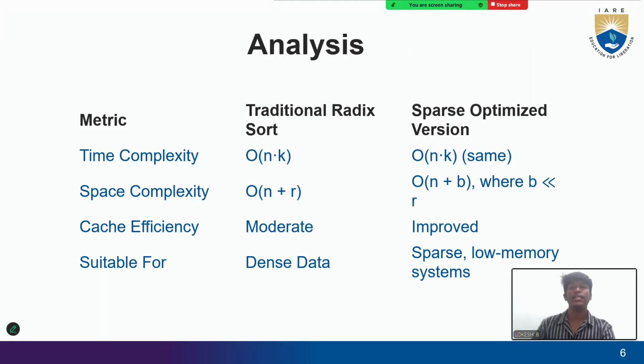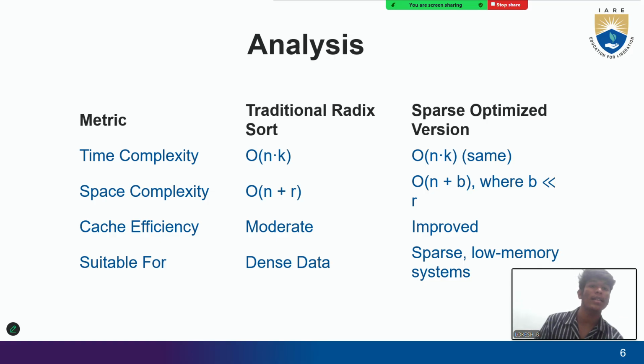So the main analysis metrics compare traditional radix sort and the sparse optimized version. The time complexity of the traditional radix sort is order of n times k, and the sparse optimized version has the same order of n times k. In space complexity, we have order of n plus r, where r is the radix.